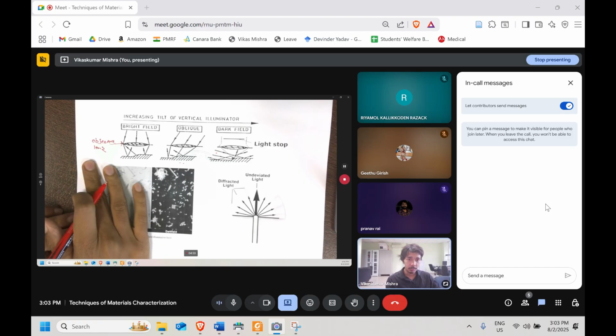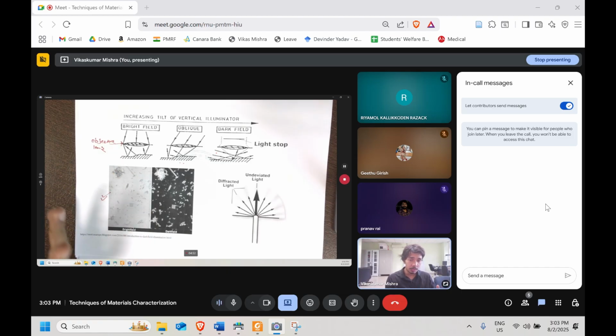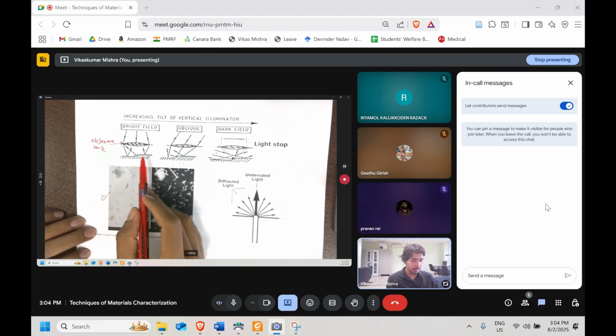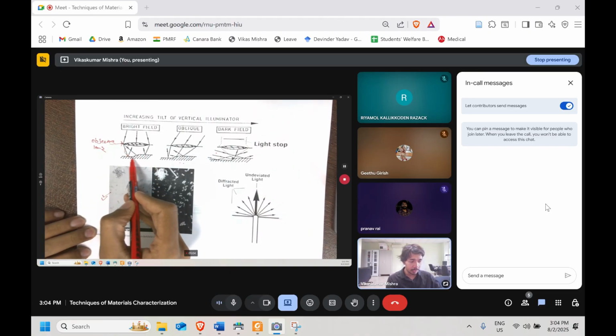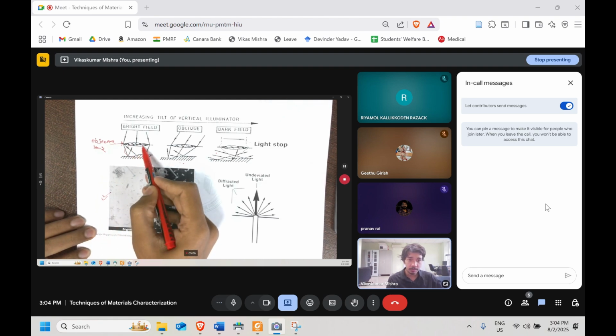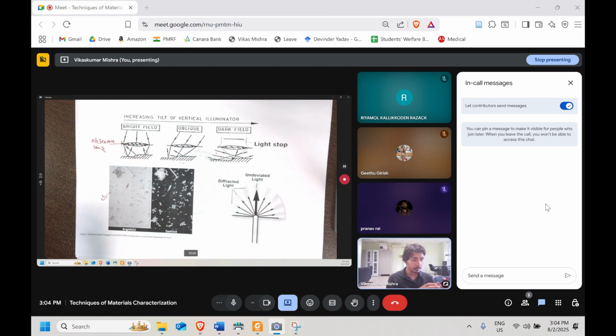This objective lens is the one that will collect the signal and give us the image, which we can see through the eyepiece. So in the bright field, the direct light which is reflected, we are using it. This is what we normally do.